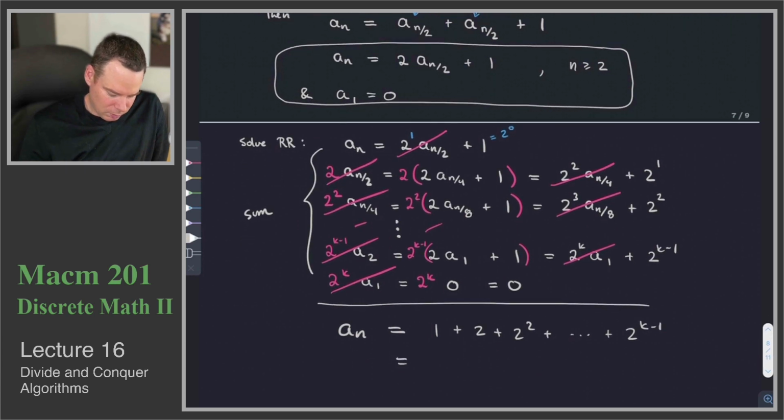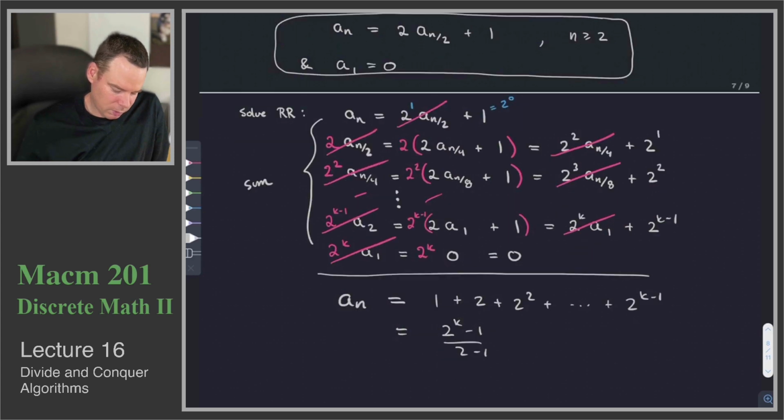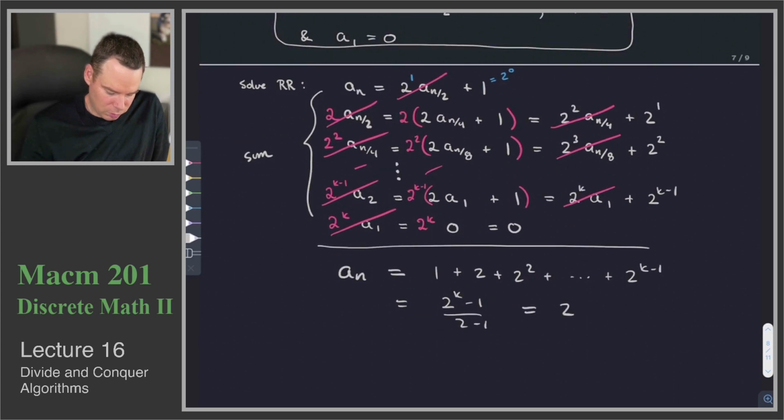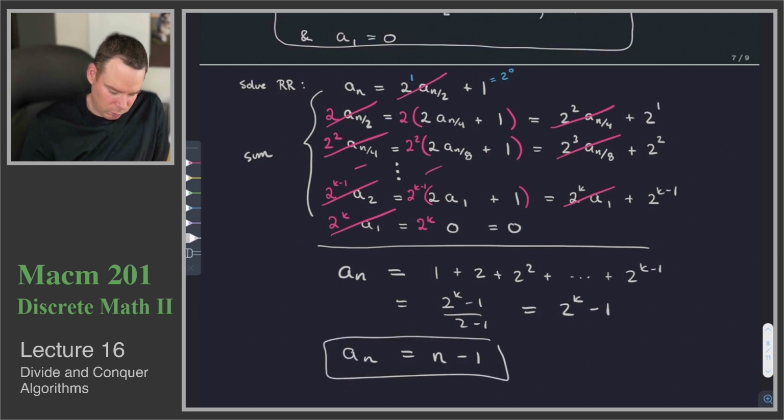That's a geometric series, so that has value (2 to the k minus 1) over (2 minus 1), or in other words, its value is just 2 to the k minus 1. But 2 to the k is n, so n minus 1 is our final result. We assumed n was a perfect power of 2.